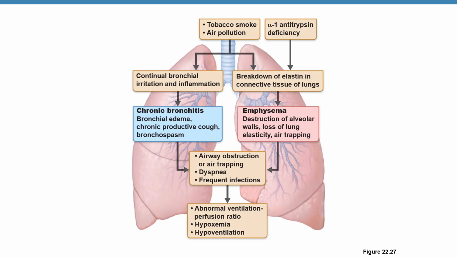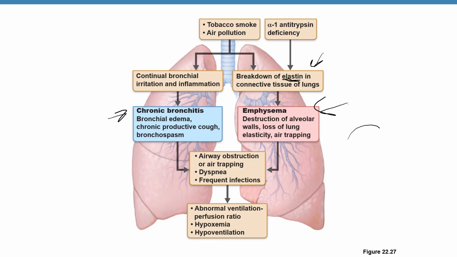So over here you can see our two major examples of the obstructive lung diseases, chronic obstructive lung diseases: chronic bronchitis and emphysema. And emphysema, pay attention over here, is when we have breakage of the elastin in the connective tissue of the lungs, and because the elastic fibers are lost, the alveoli and bronchioles collapse, right?